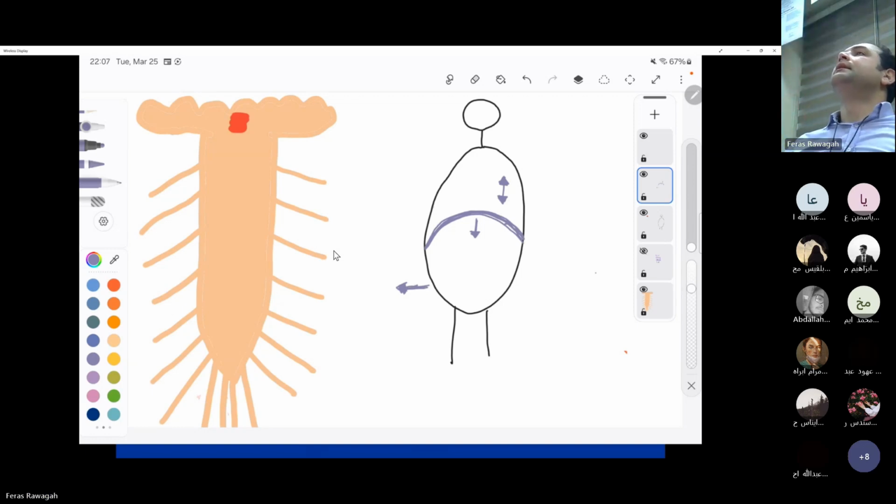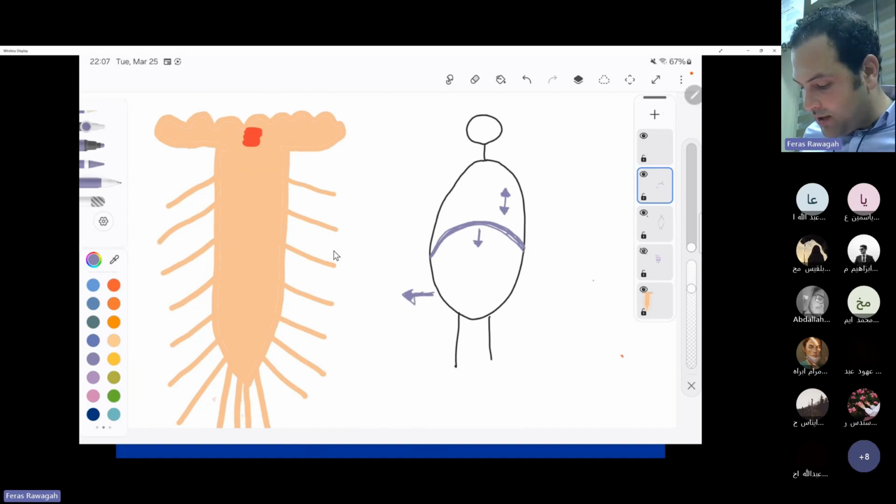Again, when the diaphragm contracts, it increases the superior-inferior diameter of the chest and pushes the abdominal content, resulting in abdominal expansion or abdominal bulge.